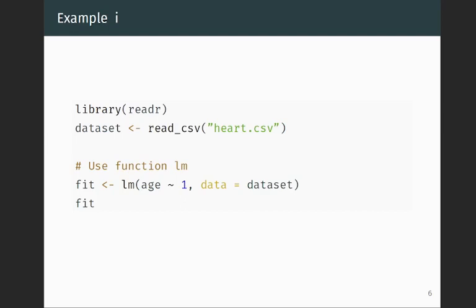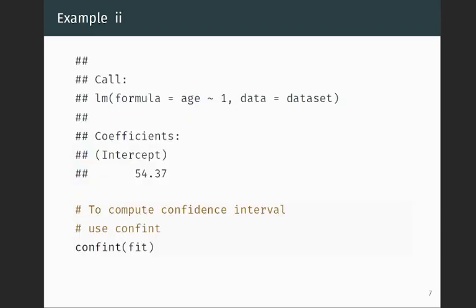If you do this and save the output into an object called, for example, fit, we can look at the output and we see our estimate for the single coefficient, which in this case is the intercept, and the estimate is 54.37. Remember, this corresponds to the average age in our data set. It's actually the sample mean in this particular case, but it's an estimate of the population mean.